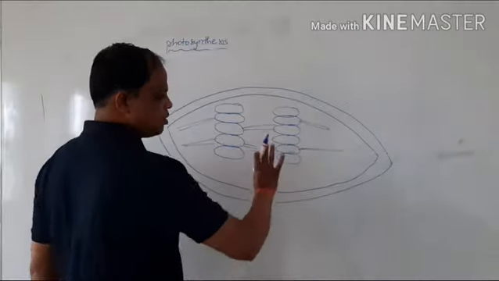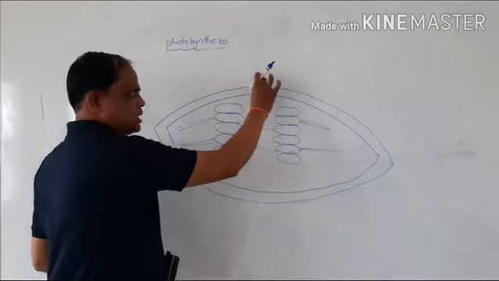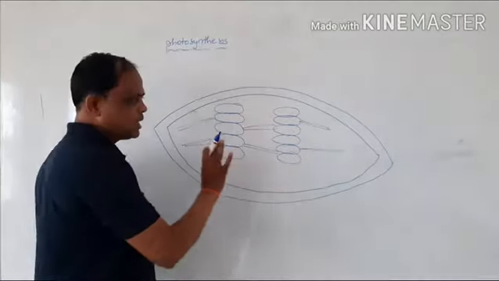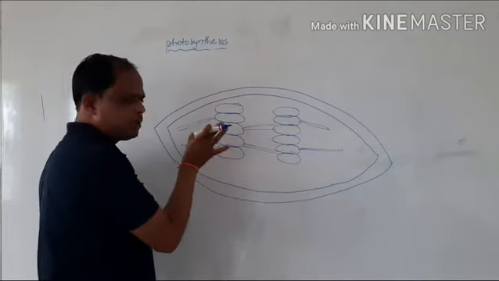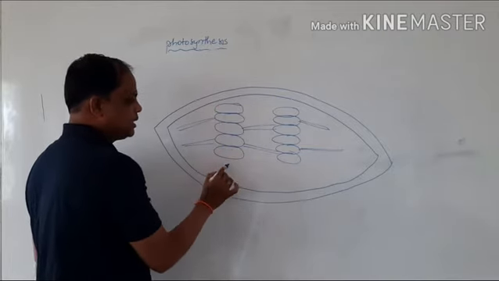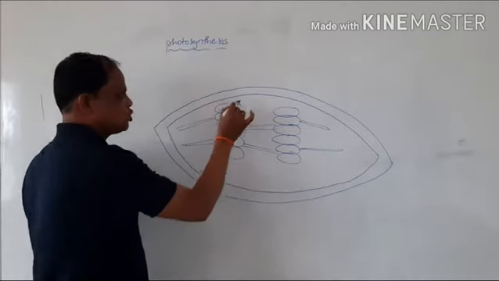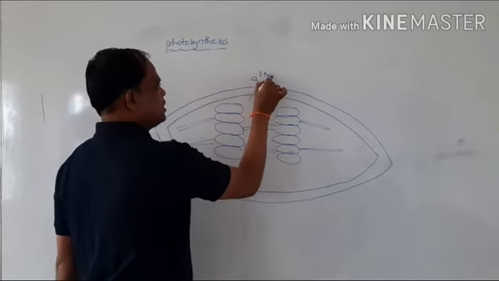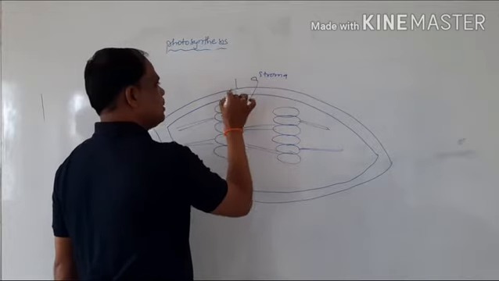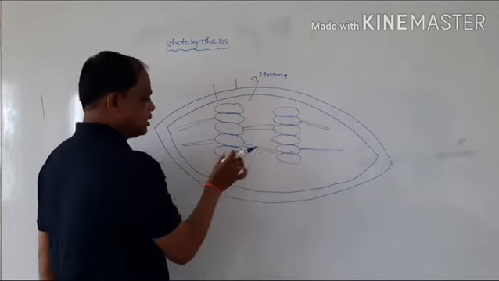This is the rough diagram of the structure. This is the double membraned organelle, and this open structure is also called stroma. This is stroma, outer membrane, inner membrane.